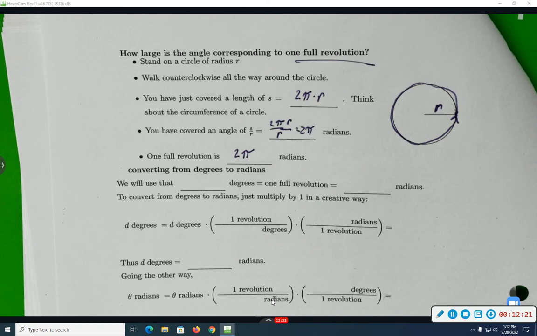Here's how we'll do it. Let's try to compute d degrees, and let's try to have something that involves radians on the other side. So in order to do that, I'll do some conversions. How many degrees make a full revolution? 360. That's the way degrees are made. You break up one full revolution into 360 equally sized pieces.